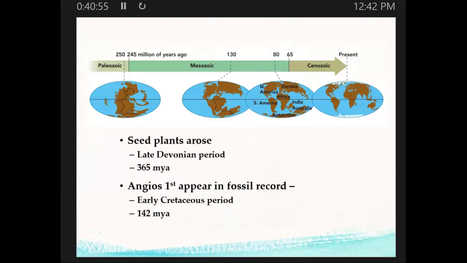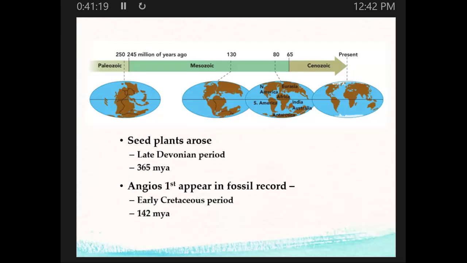Remember now, when we say seed plants, that includes gymnosperms and angiosperms. Okay, so don't forget about the gymnosperms. So that's about 365 million years ago, and about 142 million years ago in the Cretaceous, that's when you start to see the angiosperm fossils. So the gymnosperms came first.